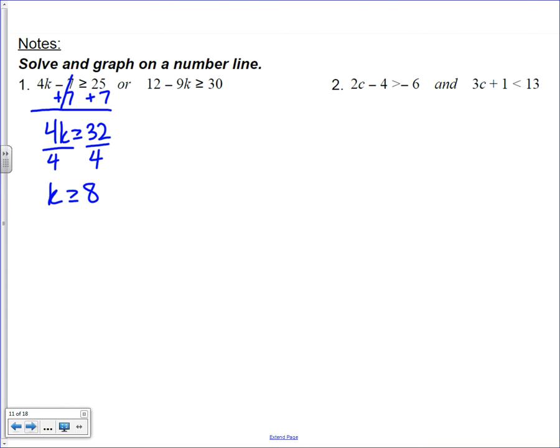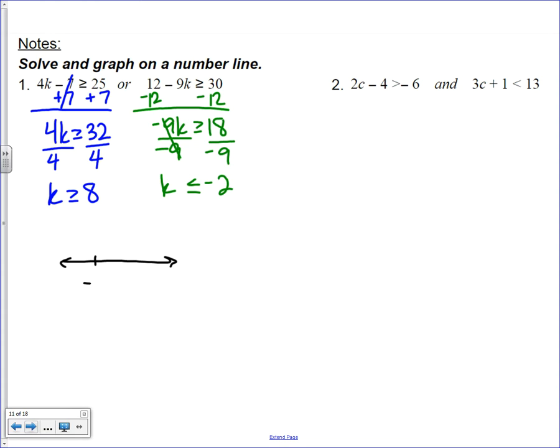Now for the one on the right, we'll get rid of the 12 first. Then we'll divide by -9. Notice I said divide by -9. That means we have to flip that inequality symbol over, and we get -2. Okay, now we're ready for our number line. The -2 goes on the number line first, and then the 8.